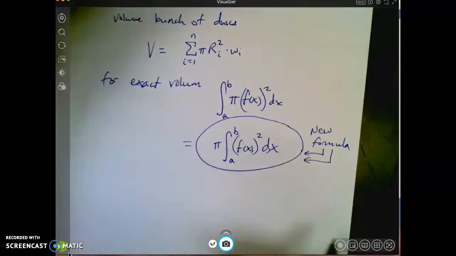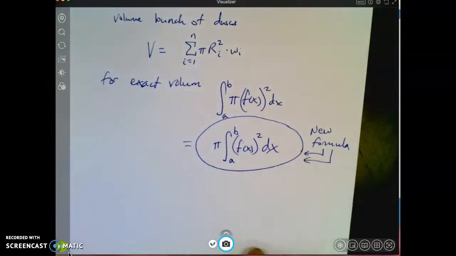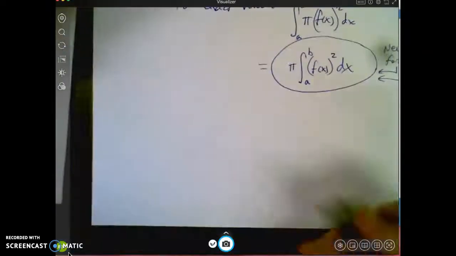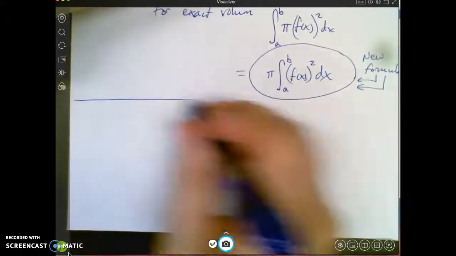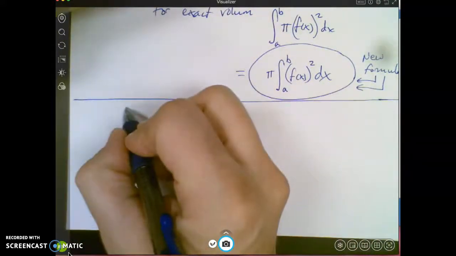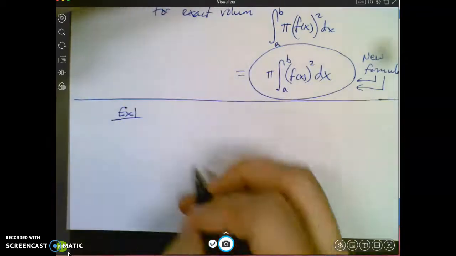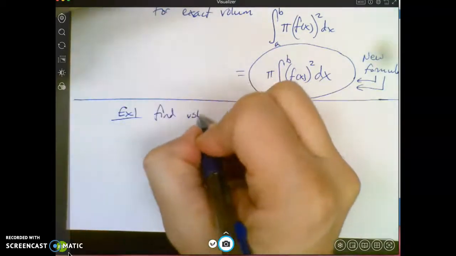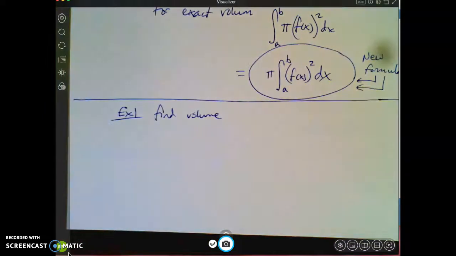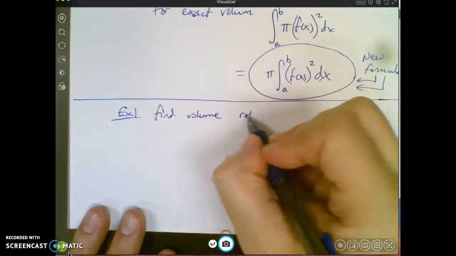So let's try this with a shape that we can do. And you'll see these problems are actually easy if you just use the formula. If you're good at the old stuff, it seems crazy that we can find the volume trapped by this thing in the x-axis.